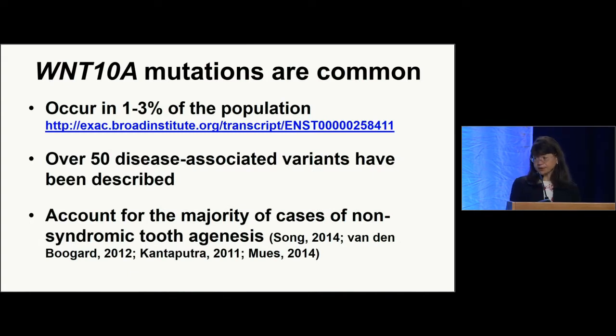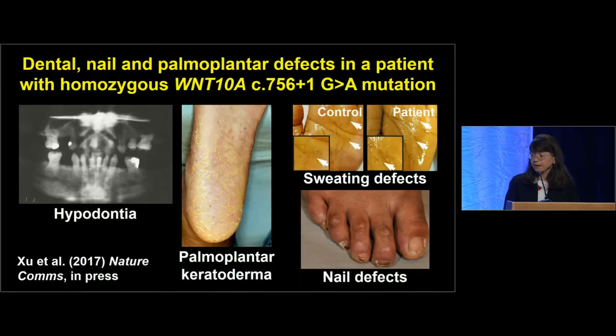And Wnt10A mutations are actually surprisingly common, occurring in 1 to 3% of the population, and over 50 disease-associated variants have been described. We were very fortunate to be able to collaborate with Emily Chu in our department, and Emily has a patient who's homozygous for a predicted loss of function mutation in Wnt10A. And this patient exhibits severe hypodontia, palmoplantar keratoderma, and nail defects.